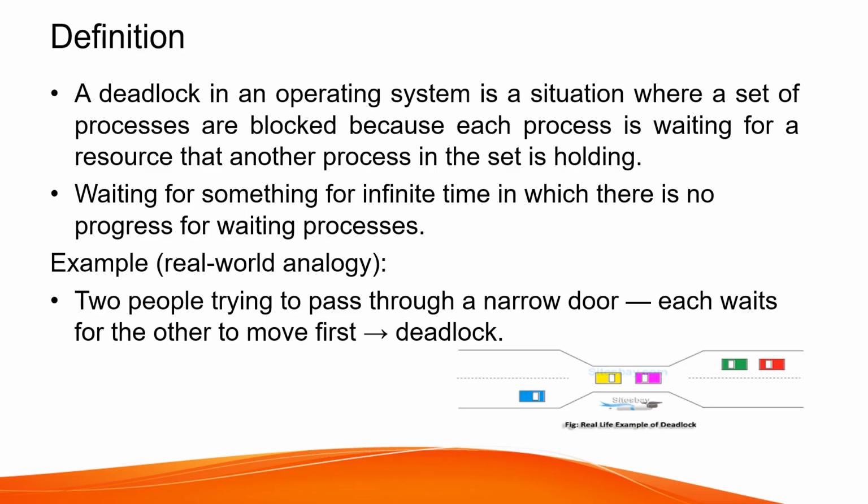So this is what is called deadlock. Another way of saying it is waiting for something for infinite time, in which there is no progress for the waiting processes. It will be idle and stopped over there. That is what is called deadlock.